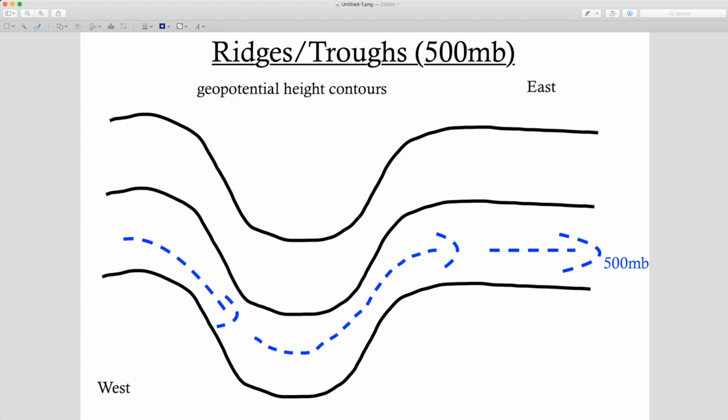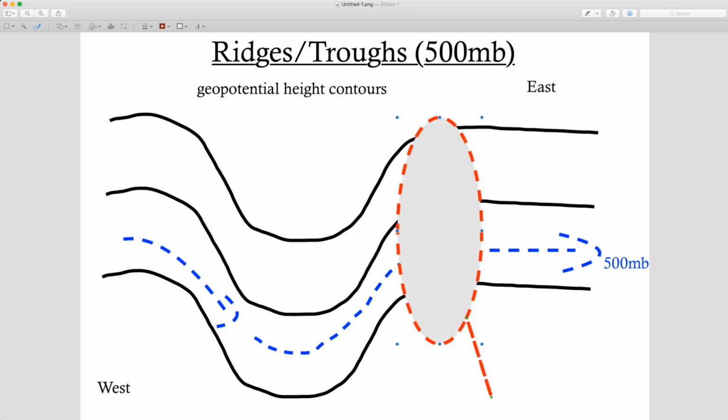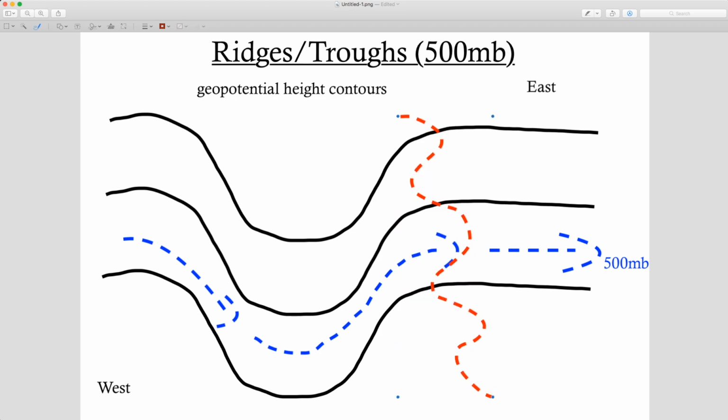So we're going to talk about southerly winds and northerly winds again, and this is where it comes in handy. Now I'm going to draw the winds at the surface. On the eastern side of this meridional flow, you will get southerly winds at the surface, going to the north.